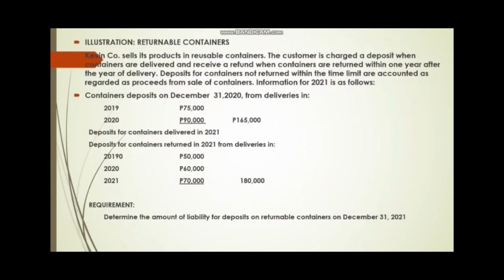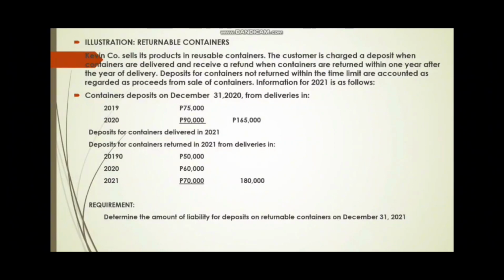Next, illustration, returnable containers. Kevin Co. sells its product in reusable containers. The customer is charged a deposit when containers are delivered and receives a refund when containers are returned within 1 year after the year of delivery. Deposits for containers not returned within the time limit are regarded as proceeds from sale of containers. Information for 2021 is as follows.